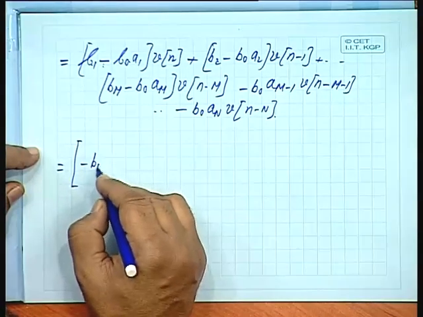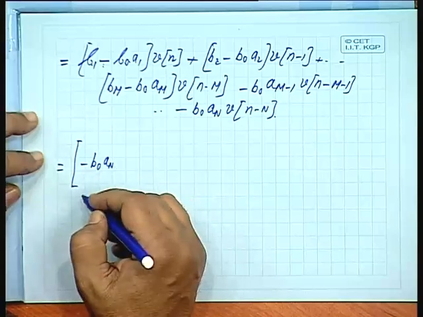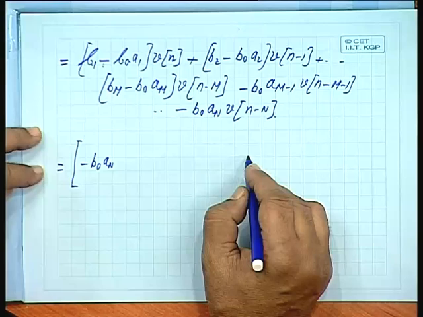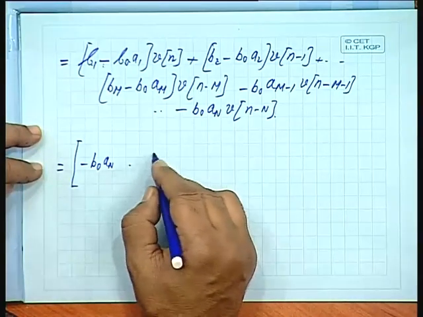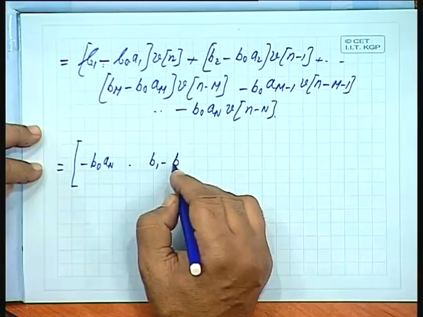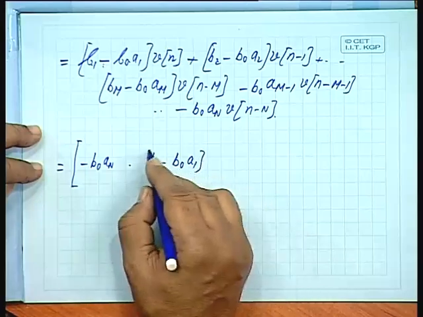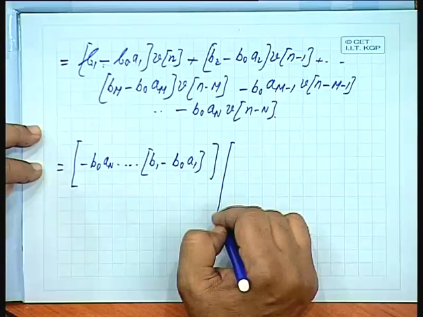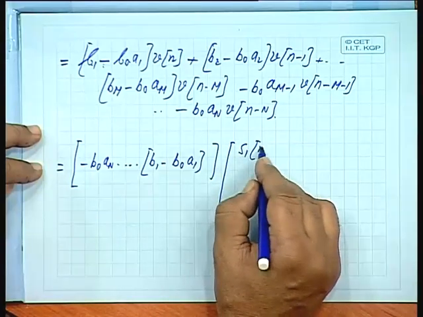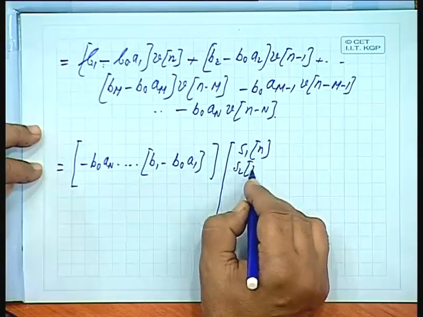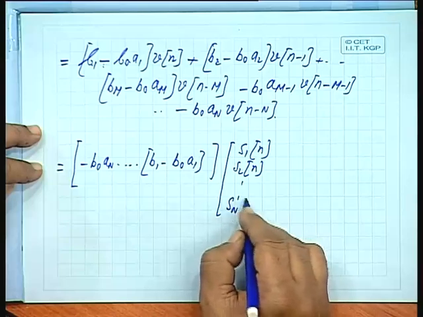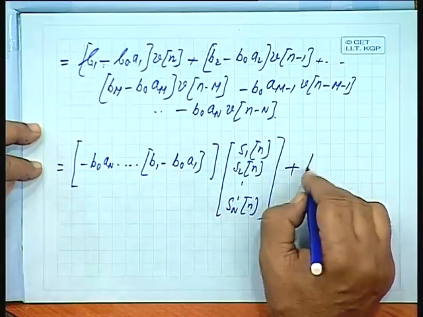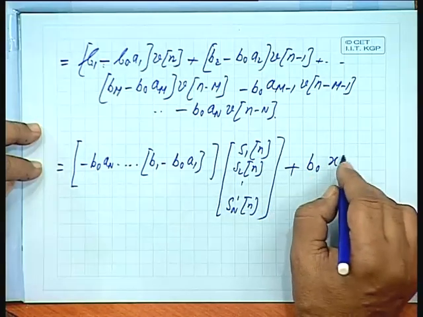So, I can write this as minus b0 an, then this is a row matrix, b1 minus b0 a1 whole thing into S1n, S2n up to Snn, plus b0 xn.